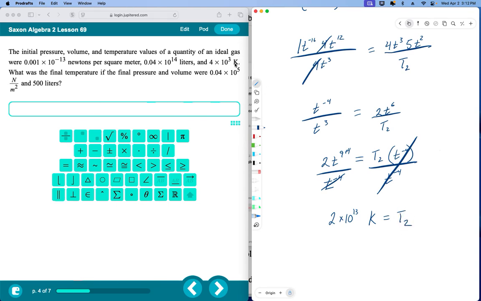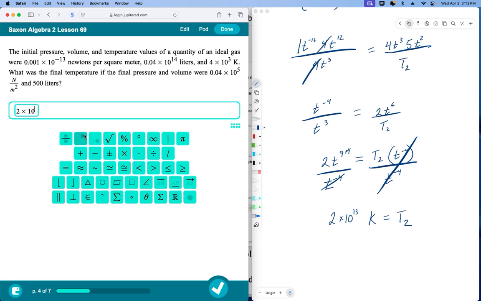Okay, I know it's kelvins because I can look back in the problem and see the K. So I'm going to type that in here. 2 times 10 to the 13th power, capital K. And that's correct.